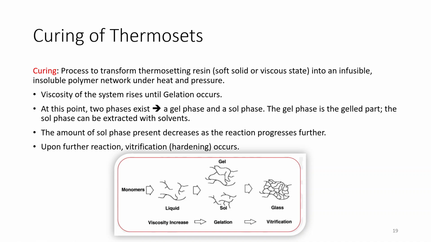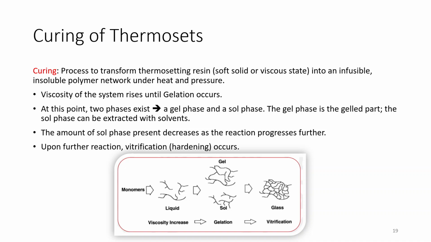Next is curing of the thermosets. Curing is the process to transform thermoset resin, which is in a soft, solid or viscous state, into an infusible, insoluble polymer network under heat and pressure. Viscosity of the system rises until gelation occurs.